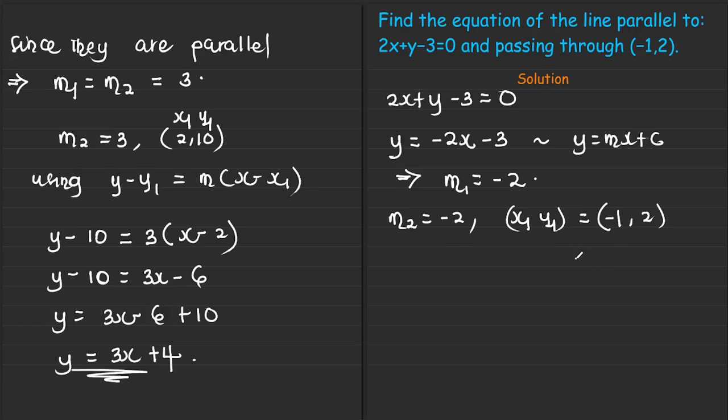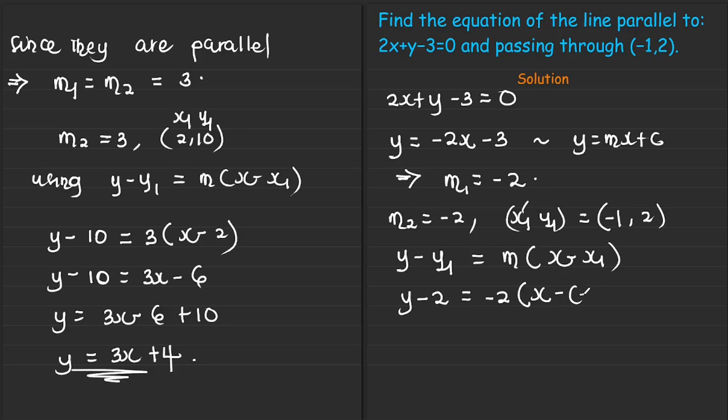So we can straightforward say using the point slope method, that is y minus y1 equals m into bracket x minus x1. Substituting, y1 is our 2, so y minus 2 equals m, which is equal to what? A negative 2, then into bracket x minus the x1, which in this case is what? A negative 1.